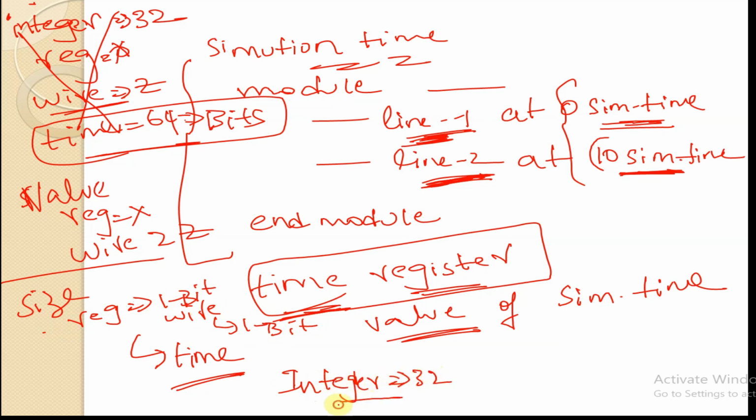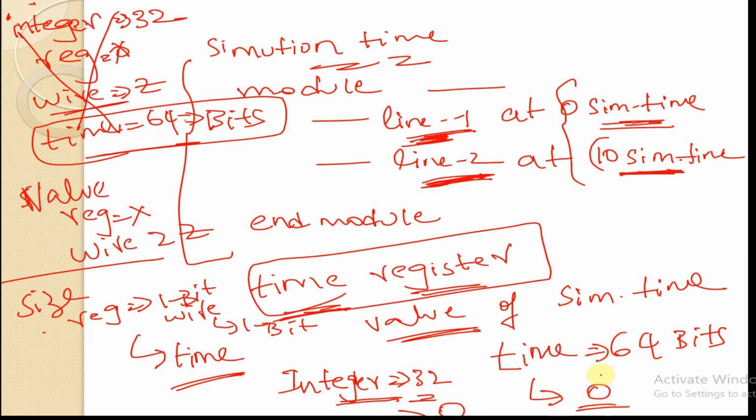It depends upon the simulator, but the minimum should be 32 bit. The default width of time also depends on the simulator, but the minimum width should be 64 bit. And the default value of integer is 0, and the default value of time is also 0. Sorry for the confusion. Is this clear?